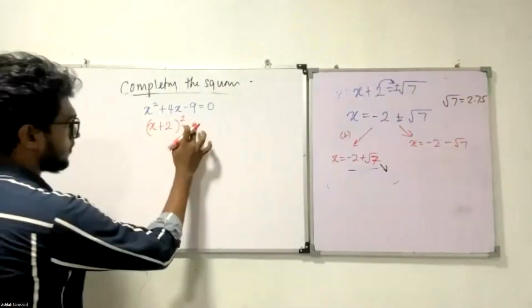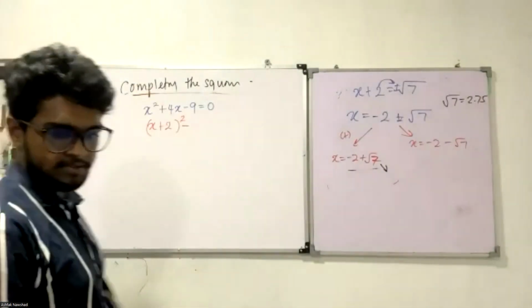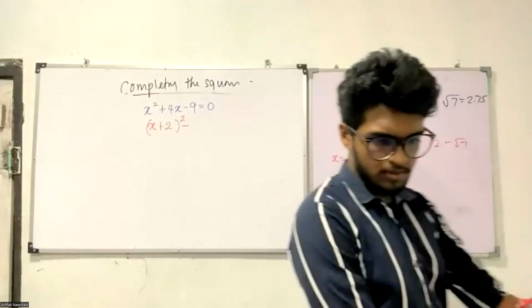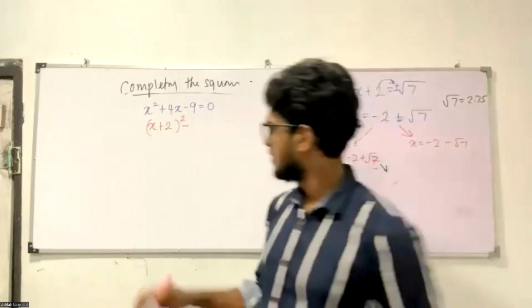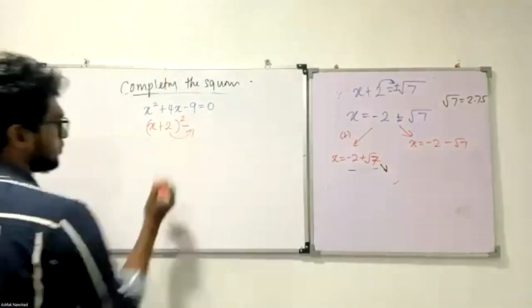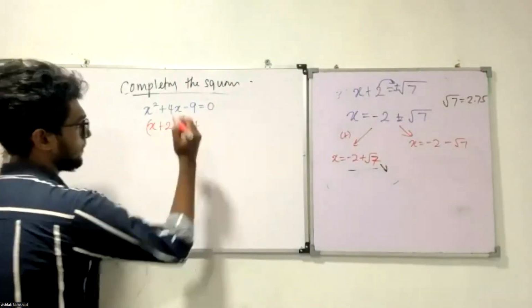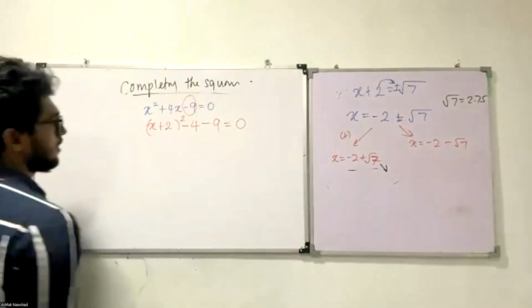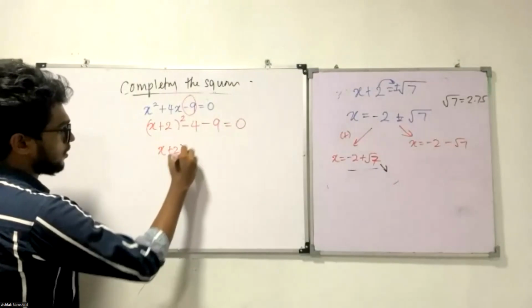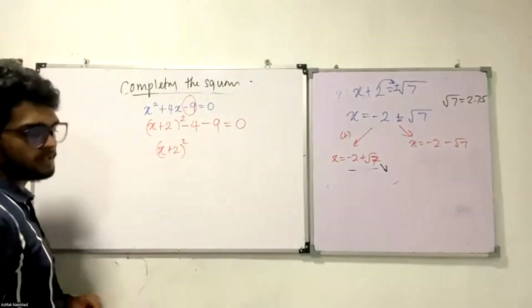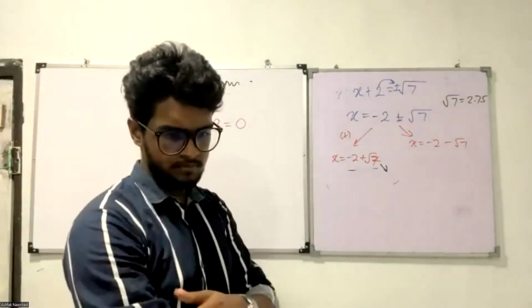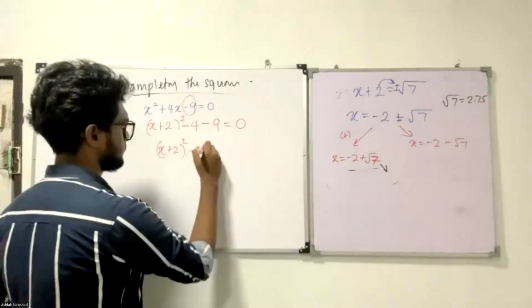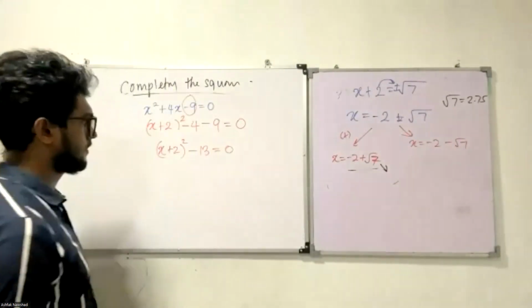And what would be the number after the minus? The number is 4. Good. The number is the square of 2. It's 4. And then we are going to write the rest, minus 9 equals 0. Now, x plus 2 squared, minus 4 minus 9, what is it? Minus 13. Yes, minus 13.